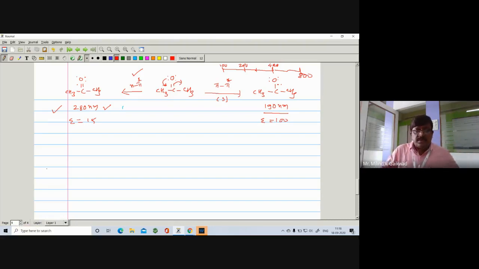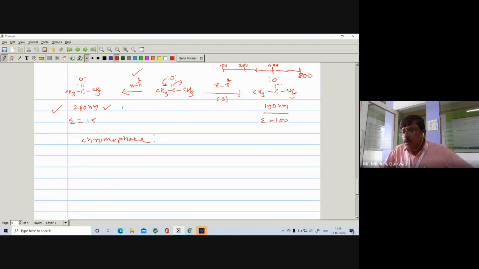Some basic terms you should know. That is the chromophore. Sometimes they may ask for the definition. What is meant by chromophore? A chromophore is a functional group which has the ability to absorb UV light.